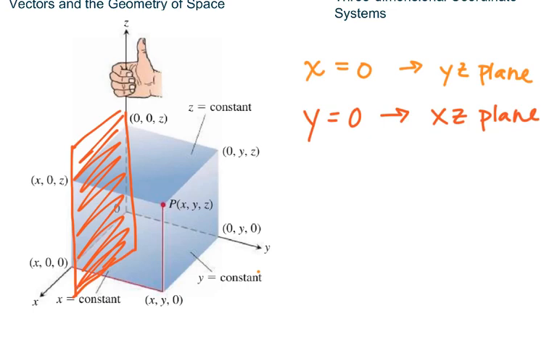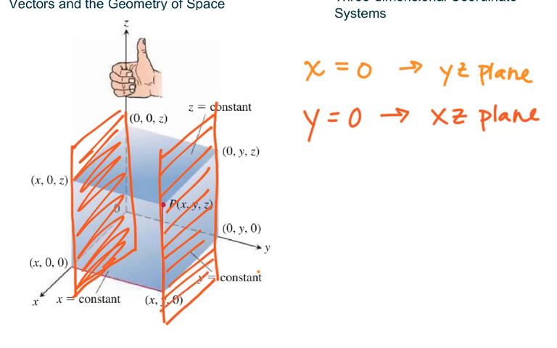If we think about the far right side of this box, this vertical piece of paper, that shifted y units out in the positive direction on that y axis. So if we had shifted out, I don't know, what is that, 7, then this second plane I've drawn here would represent y equals 7.